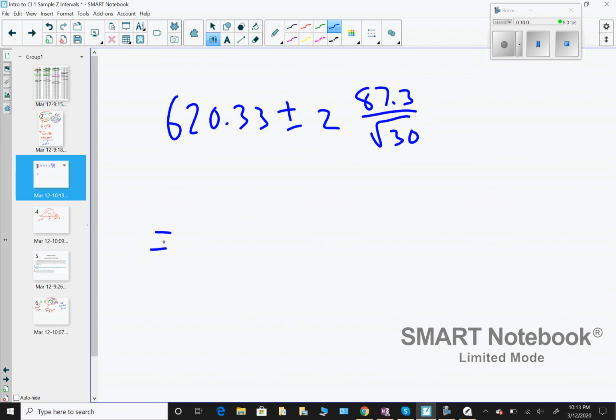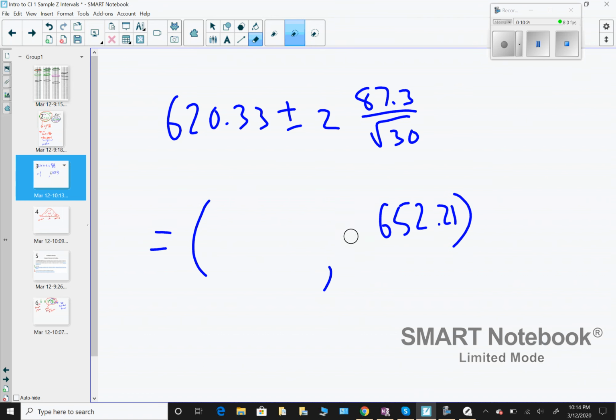And it just so happens that the upper and lower bound for that interval are 652.21, and it goes down to 588.45.